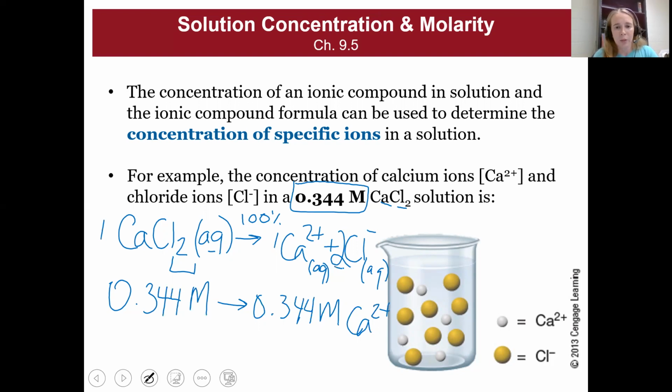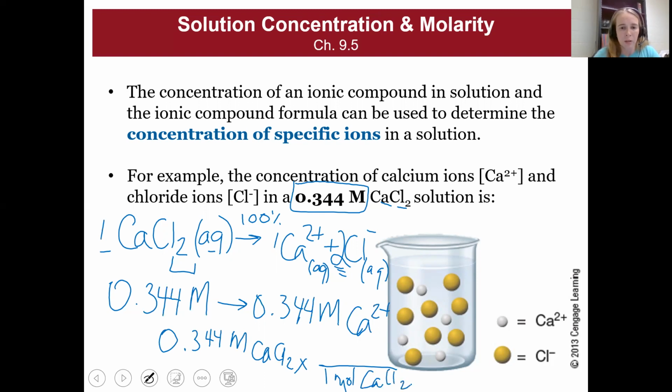But there's a 2 here. So if we have 0.344 molar calcium chloride, we can use stoichiometry, our mole ratios, to find out that there's 1 mole of calcium chloride for every 2 moles of chloride ion.